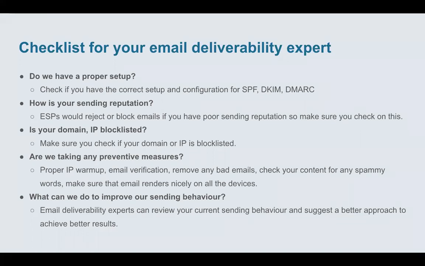You can also look at the sending reputation, especially when you're sending out campaigns. You can easily take a look at the block messages and see if anything is getting blocked or rejected by any ISPs out there. You can also look at your reputation; Google can provide that, and Microsoft can provide that.